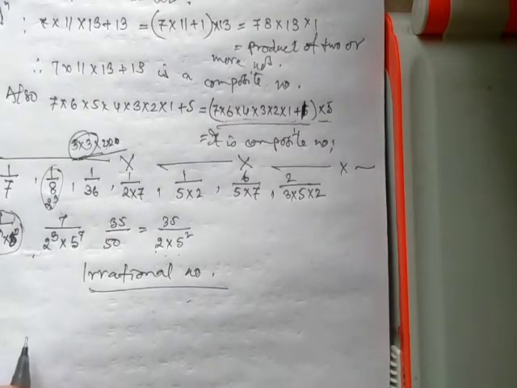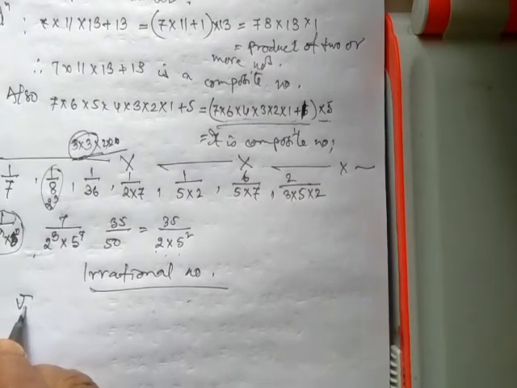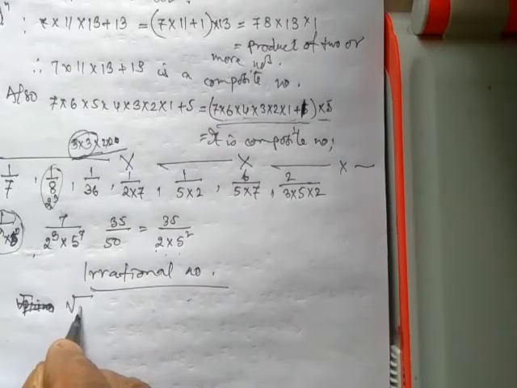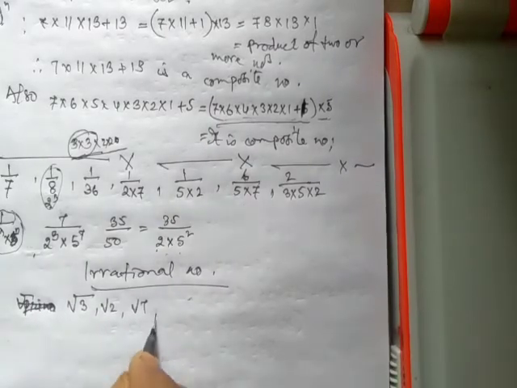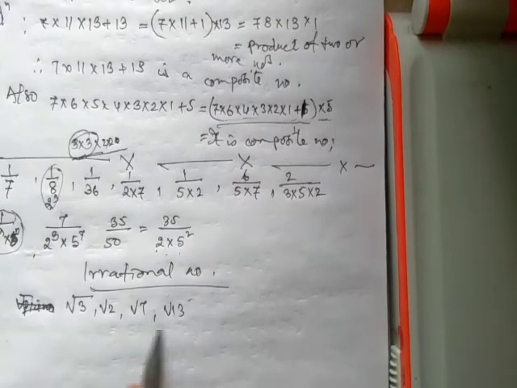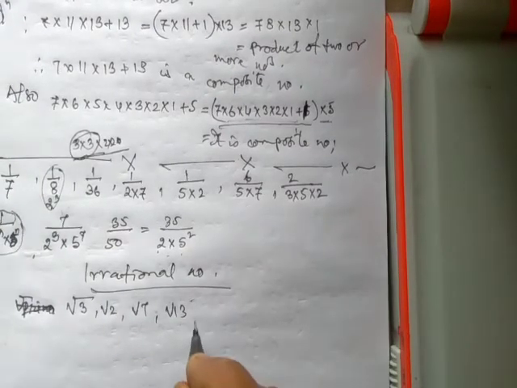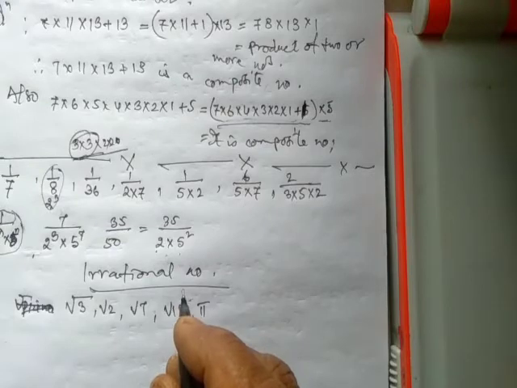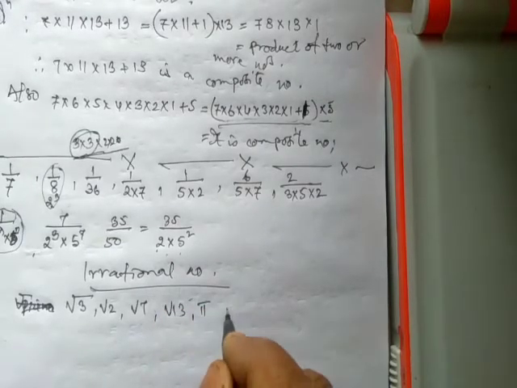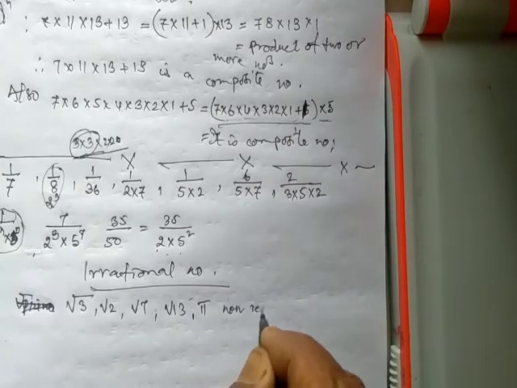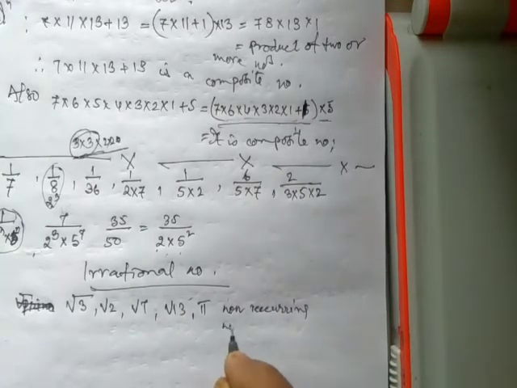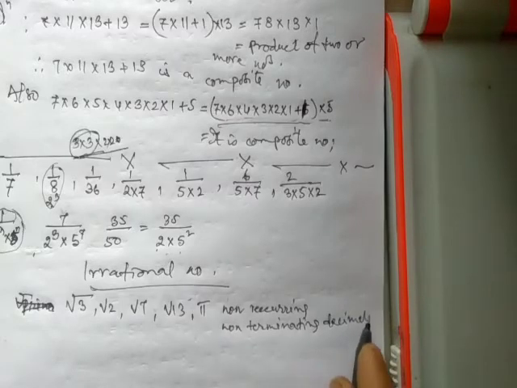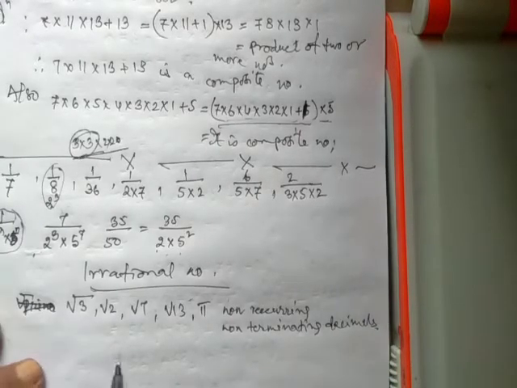All the prime numbers under root, root over prime numbers, root 3, 2, 7, 13, etc., root under prime numbers, pi, and non-recurring, non-terminating decimals are all what?